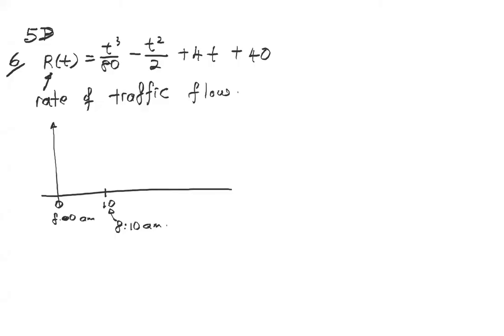Let me roughly sketch the graph. So this is the rate of traffic flow, and if I put N as the number of traffic.